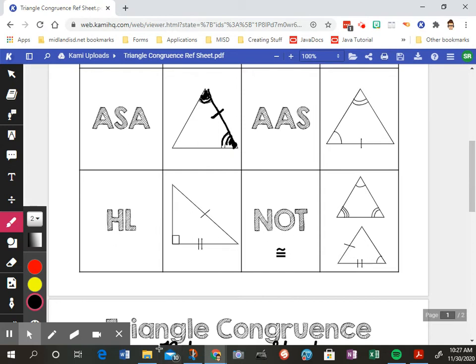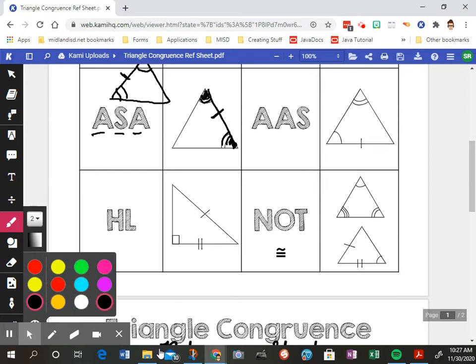So if I had another triangle with a single angle and a side and a double angle, that could be considered congruent by angle, side, angle. Why am I saying congruent? I have to prove things congruent now. I have to prove myself. Okay.